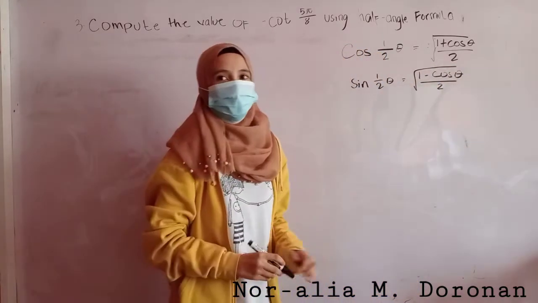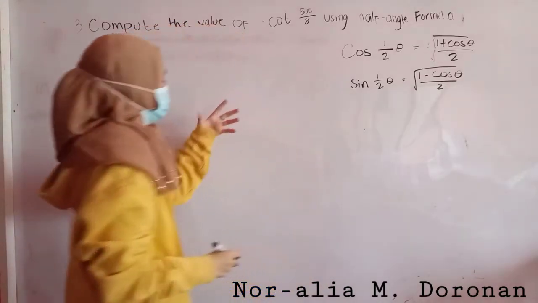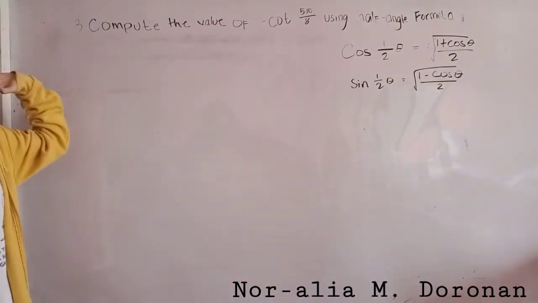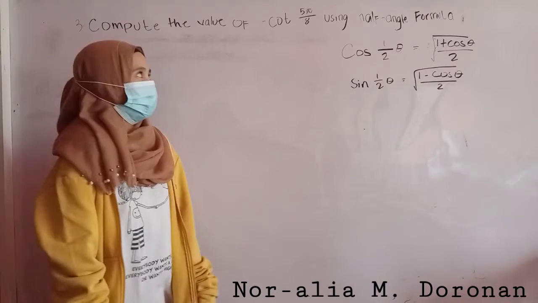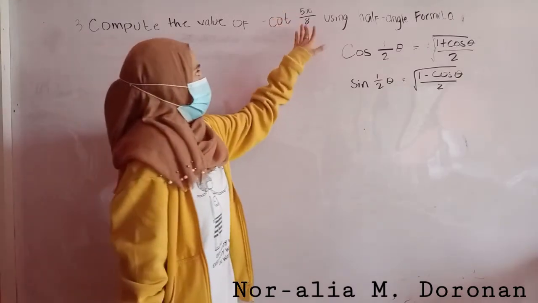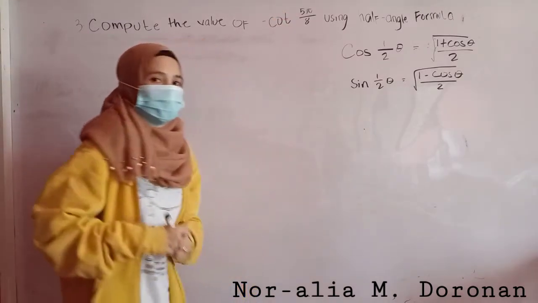This is the formula. So, let us proceed. Compute the value of negative cotangent 5 pi over 8 using the half-angle formula.